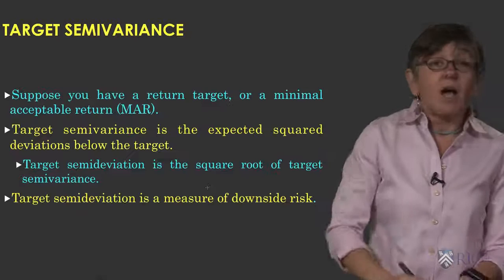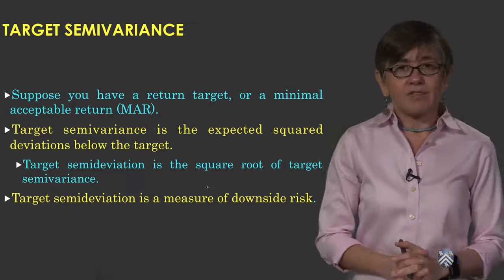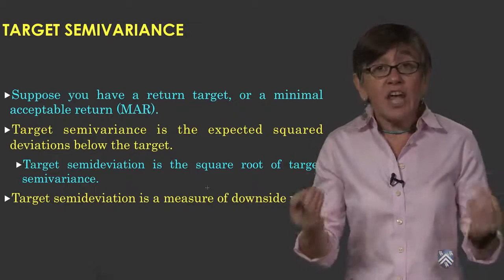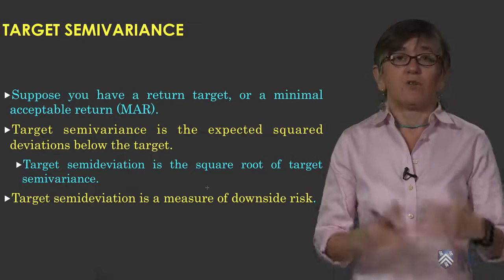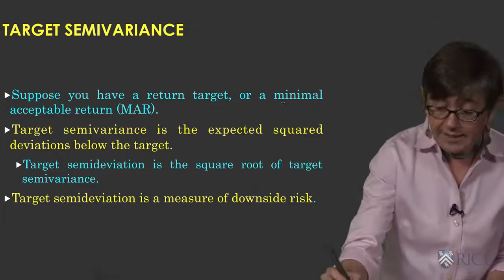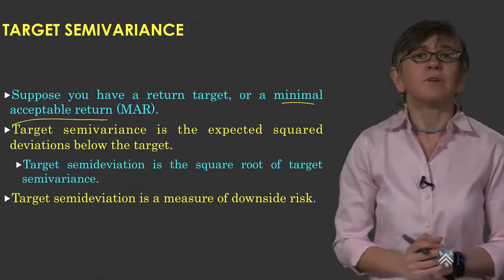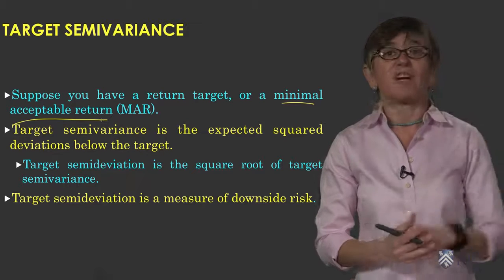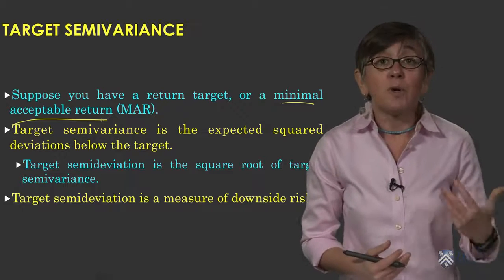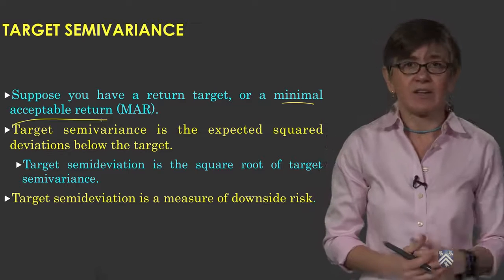So how do we use semi-variance? Well, we can generalize it by introducing a return target, which we can call the minimum acceptable return, and measure the deviations from below this target. This is what we call the target semi-variance.